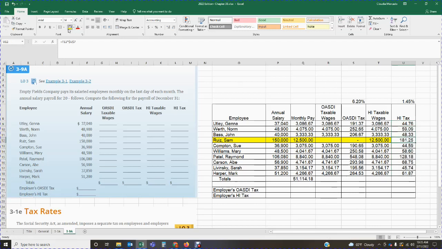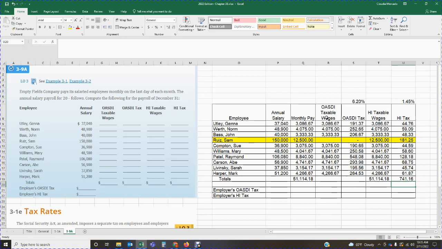Let's get our totals for my HI taxable wages and my HI tax. These are done, and the reason is because we don't have a cap. We don't have to figure out anything else for Sam, because for HI purposes, the whole amount he makes this pay period, which is the $12,500, is taxable.